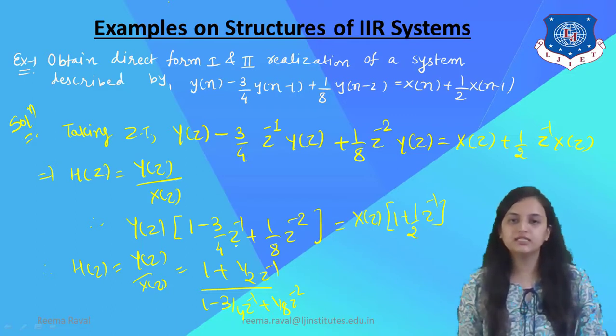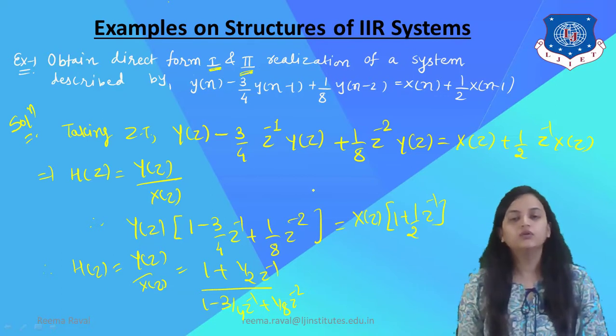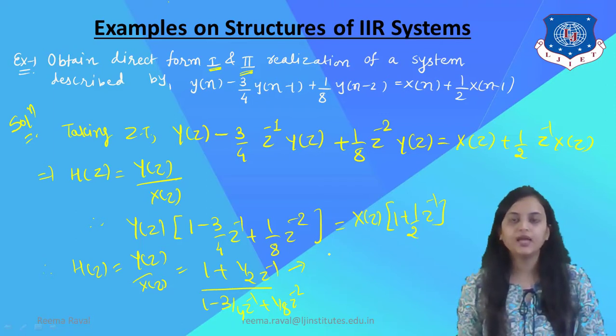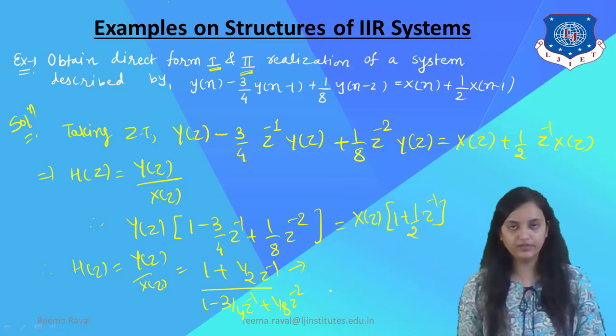Now using this system transfer function, we will realize the direct form 1 and direct form 2 structures. As we have seen in the previous session, to obtain the direct form 1 realization, we take the numerator part, that means the all zero system, as h1 of z, and the denominator part, that means the all pole system, as h2 of z, and by multiplying these two, we get the final transfer function h of z.